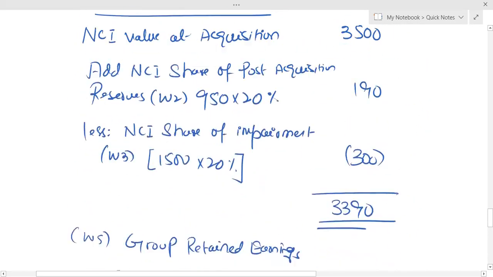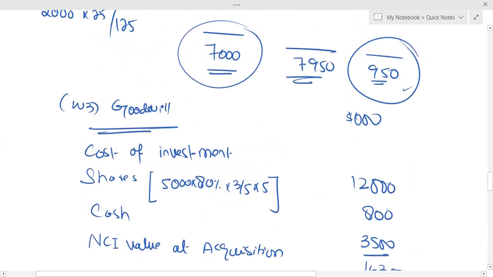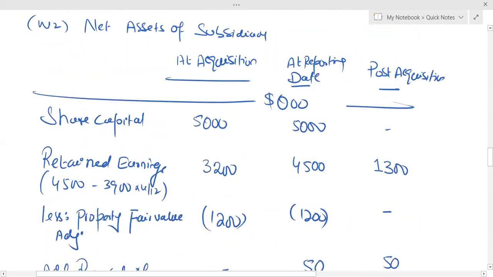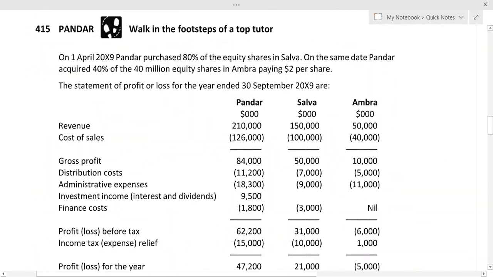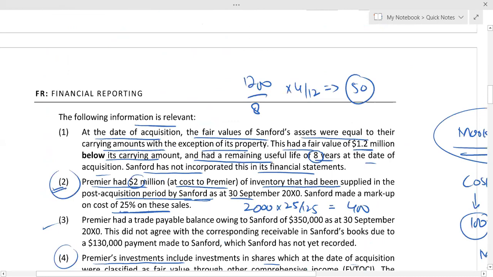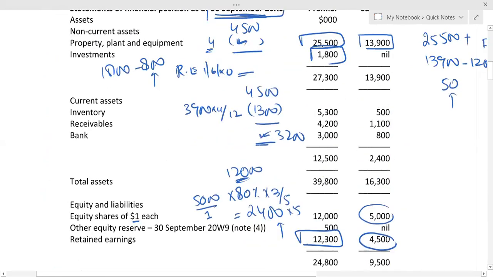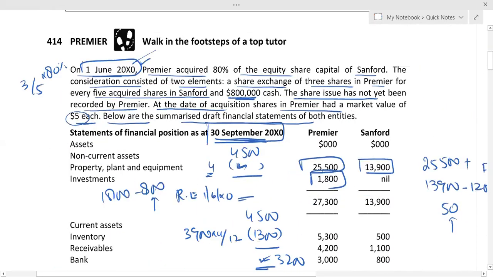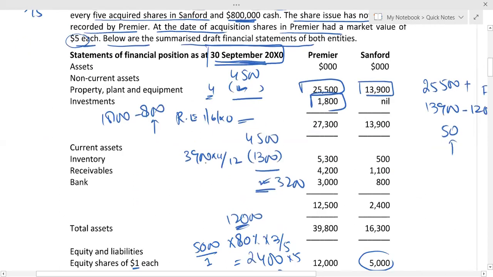Simply we'll take parent's and subsidiary's inventory minus unrealized profit on stock, because when we eliminate unrealized profit on stock, then stock will be credited. So inventory. Parent's inventory is 5,300, subsidiary's inventory is 500. We will minus the unrealized profit on stock, which is 400. Because due to unrealized profit, stock will be credited.